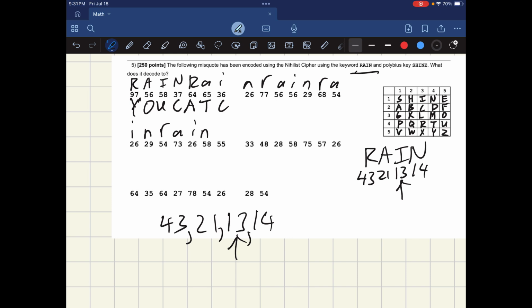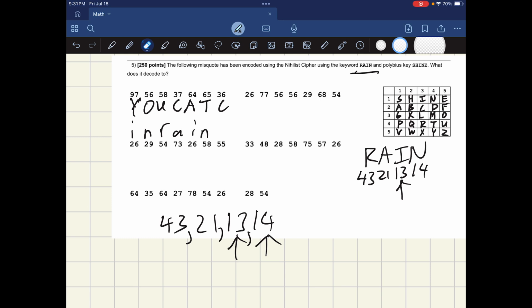Then I shift my left finger to this one, so I can keep track of what letter of the keyword I'm on with my left hand while I do solving the cipher with my right hand. So again, we can erase all of this. My left hand is on here right now because that is the part of the keyword that we're on.